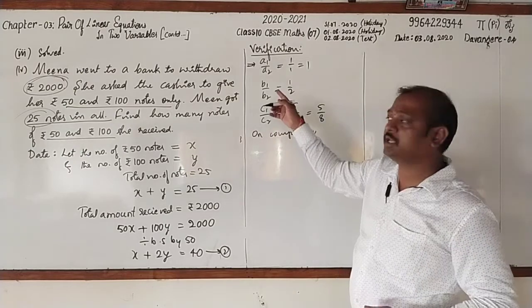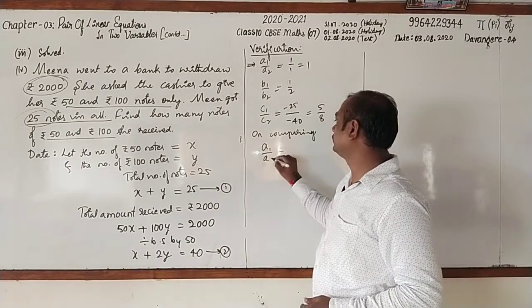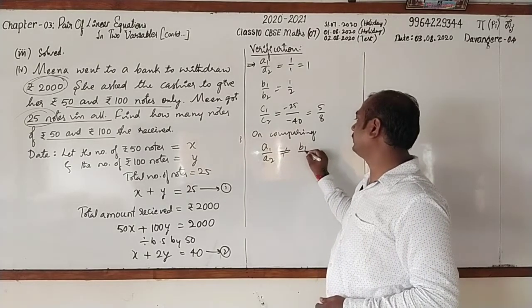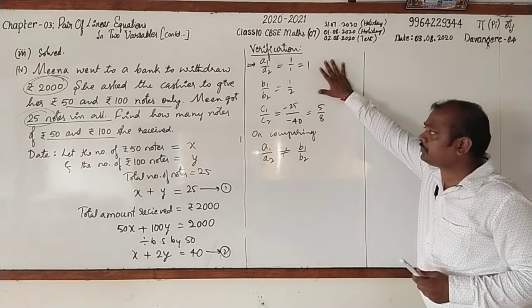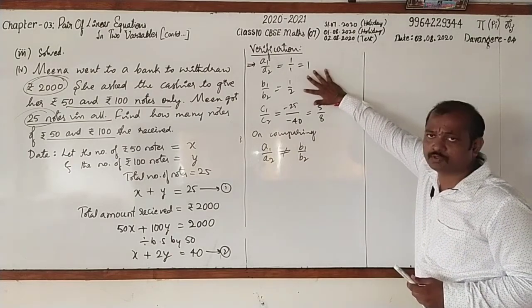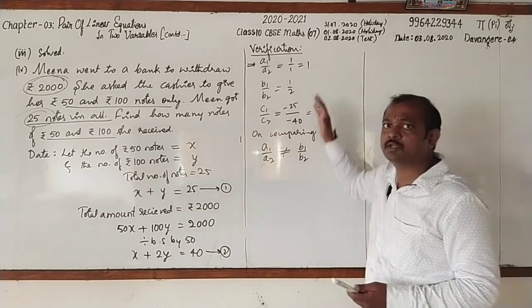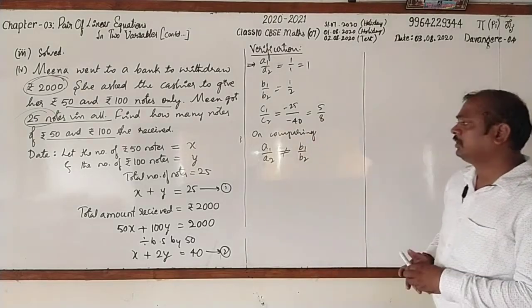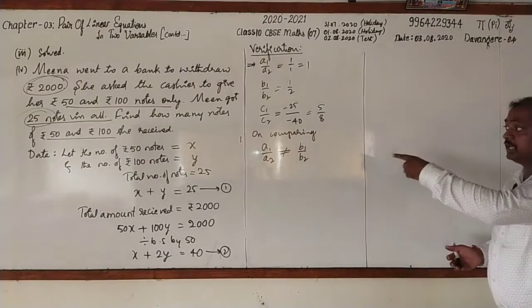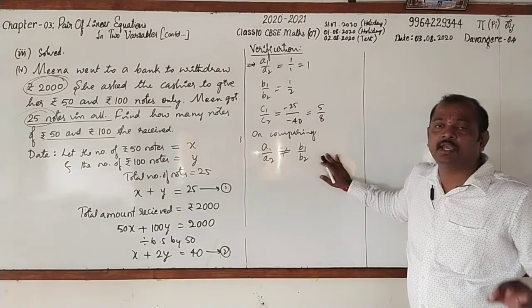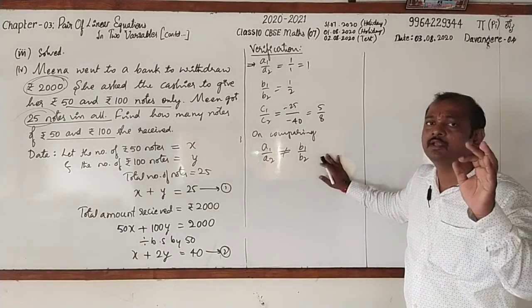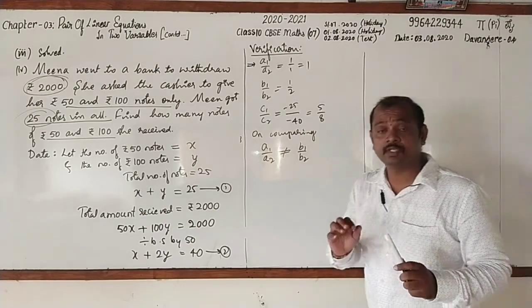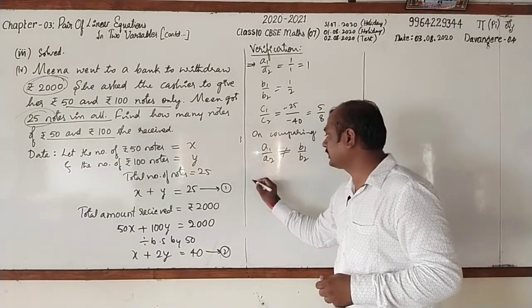On comparing, we can say that a1 by a2 is not equal to b1 by b2, because the first ratio is 1, the second ratio is 1 by 2. They are not at all equal. If they are not equal, then we can say that the equations have a unique solution. That means a solution exists.